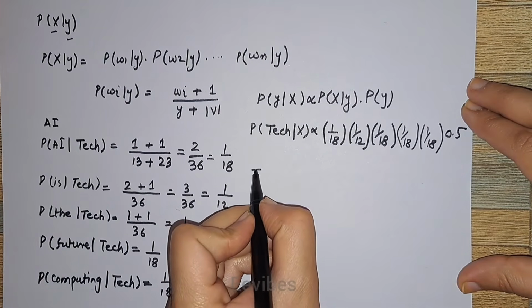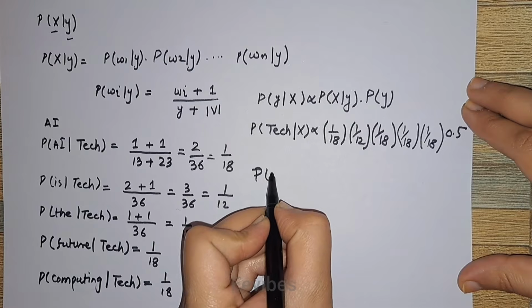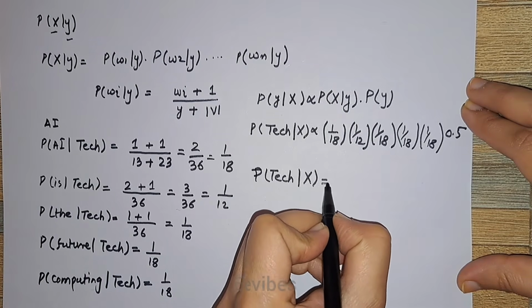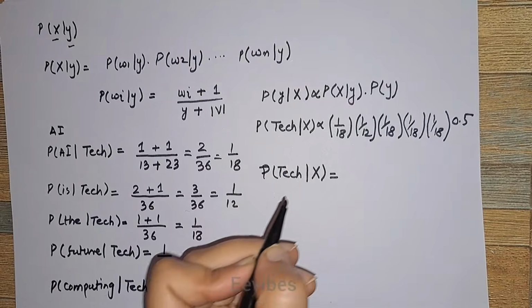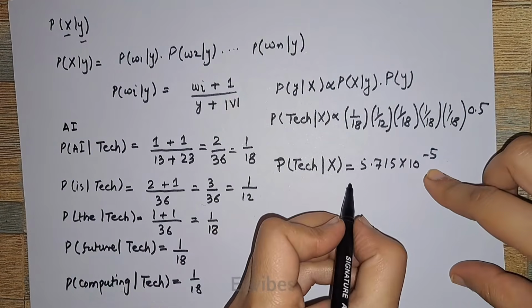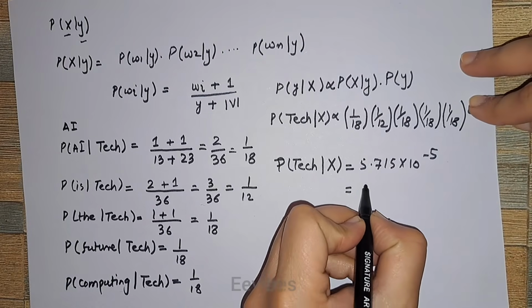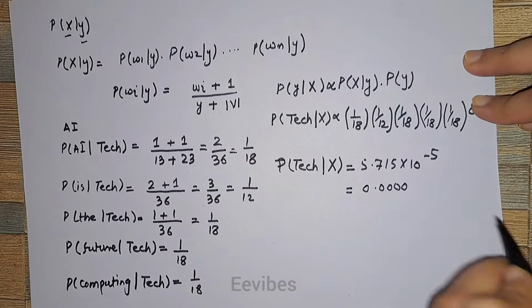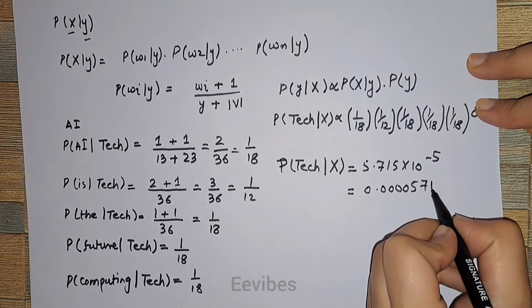So let's just simplify it. So the probability of being class tech given this sentence is equal to 5.715 into 10 raised to power minus 5, or simply we can write it as 0.000057115.